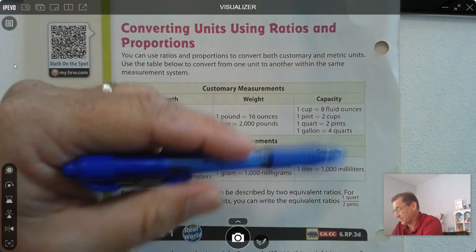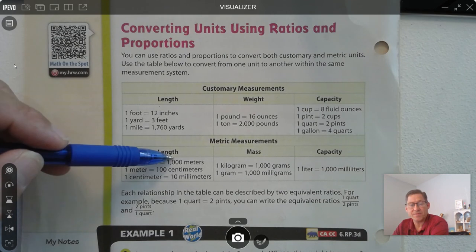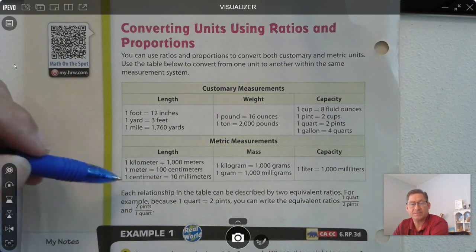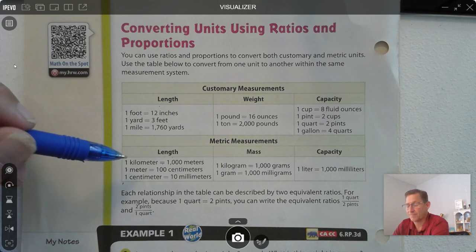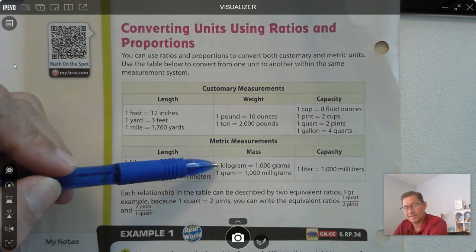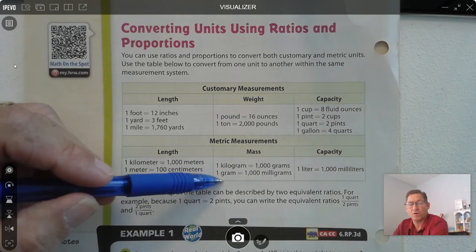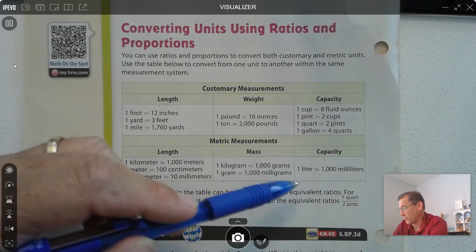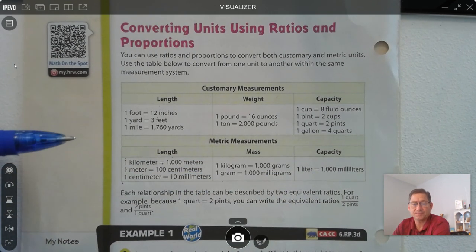And then in the metric system, 1 kilometer is the same as 1,000 meters. 1 meter is the same as 100 centimeters. 1 centimeter is the same as 10 millimeters. In mass, 1 kilogram has a weight of 1,000 grams. 1 gram is 1,000 milligrams. And in volume, 1 liter is the same as 1,000 milliliters.